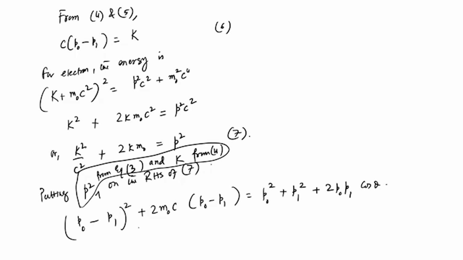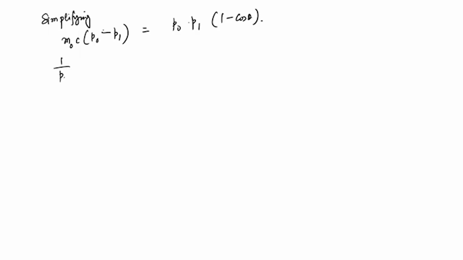So if you simplify, then what happens is the following. M0 C times P0 minus P1 equals P0 P1 into 1 minus cosine theta, and so 1 over P1 minus 1 over P0 is equal to 1 over M0 C times 1 minus cosine theta.